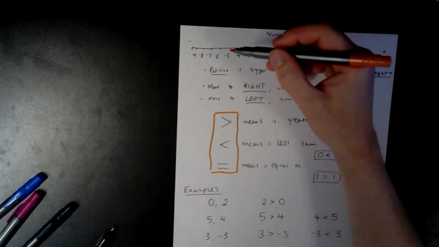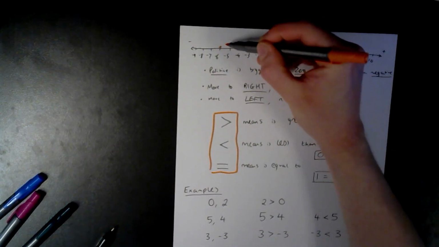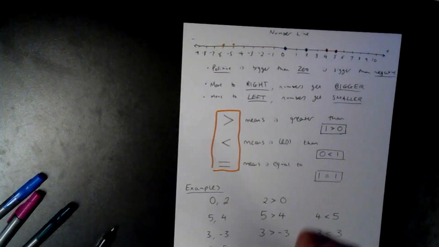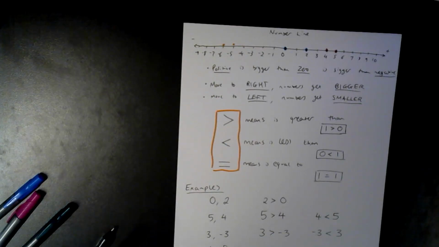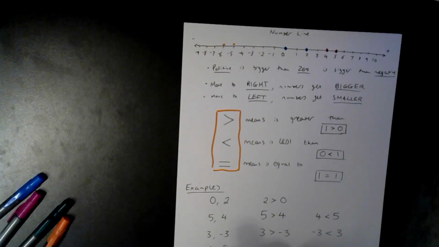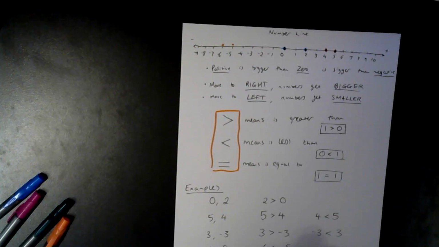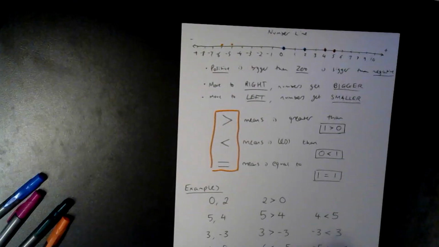So -6 is here, -5 is there, -5 is to the right of -6, and so -6 is smaller than -5. Or you could also have -5 is bigger than -6.